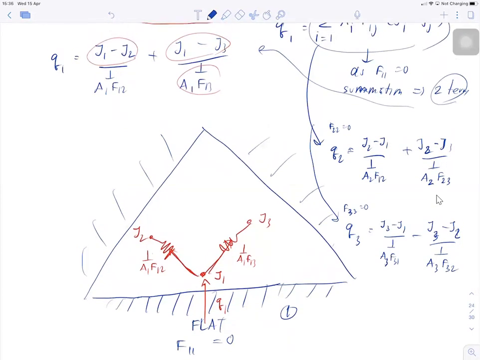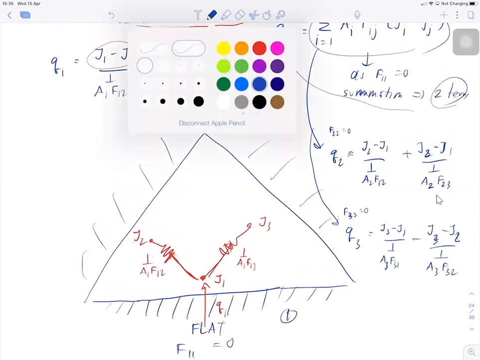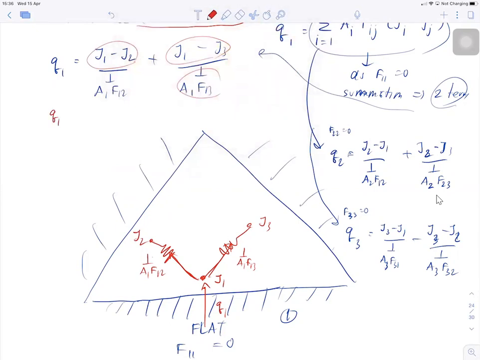Now, you know that Q1 is going to be equal to Q12 plus Q13. That's the radiation exchange. We already talked about this in the beginning of the class. If you would like to see how I got this equation, browse into the beginning of the class, the last one. You will see what I'm talking about.